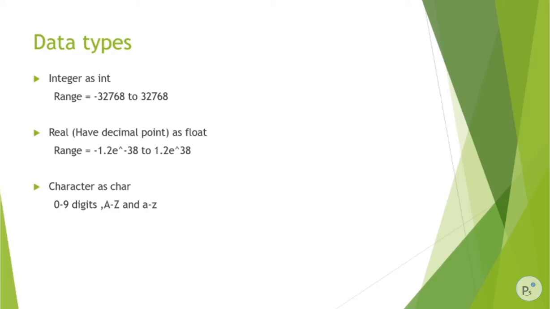We will talk about the variables after this slide. I am just talking about what those keywords are. So we can use int to represent integer, float for decimal, and char for character. Okay, int for integer, float for real decimal values, and char for characters.